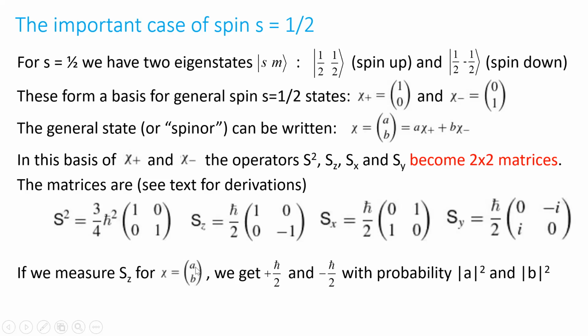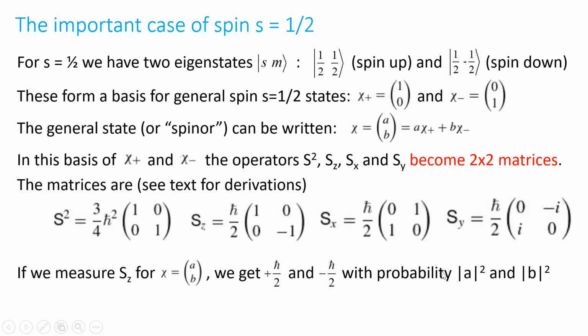And the probabilities are going to be just like the wave function squared in the case of position. Here it's the component of spin up, a squared, that will be the probability of getting plus h bar over 2, spin up, and b squared, which is the probability of spin down, or minus h bar over 2.